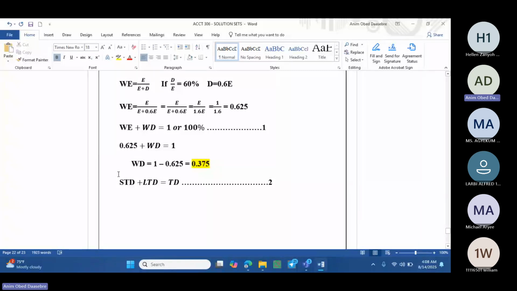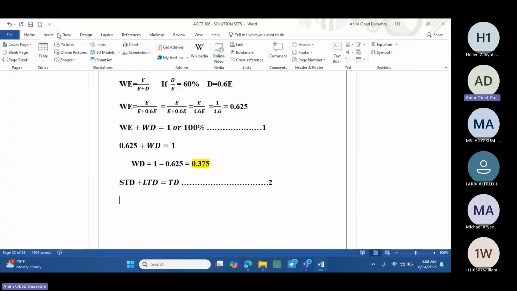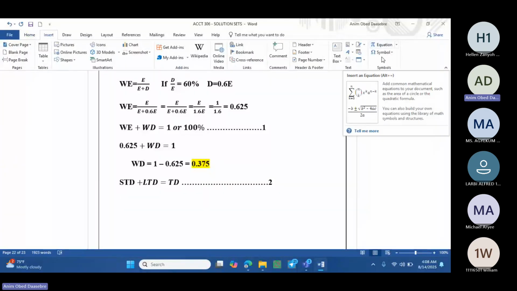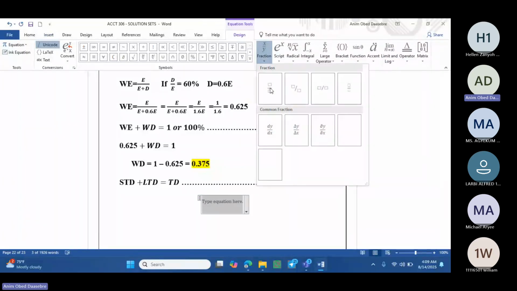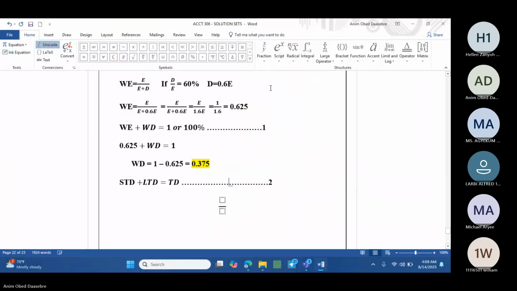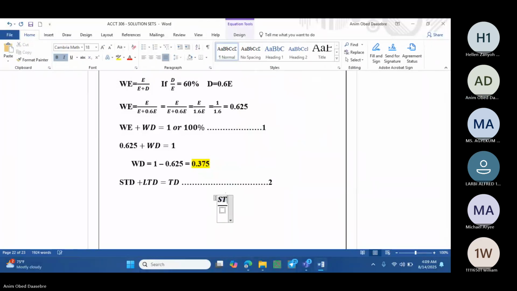So if the ratio of short-term debt to long-term debt is 20%, right, giving us 20%, then short-term debt over long-term debt is equal to 0.2.